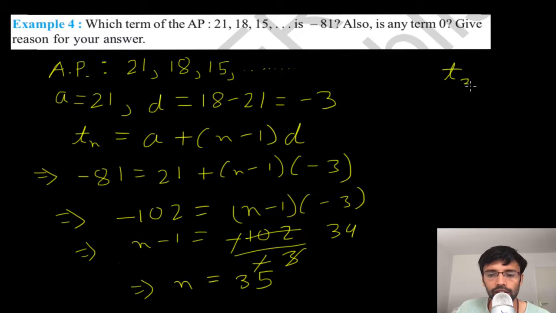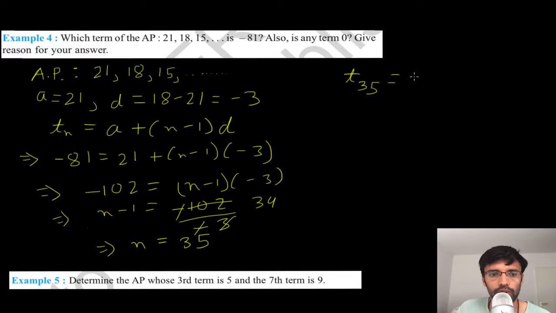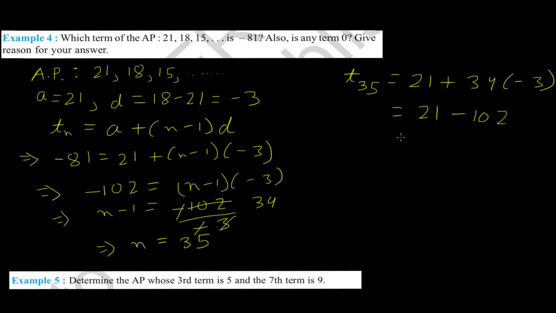T35 is equal to a, that is 21, plus n minus 1, that is 34, times minus 3. This will be equal to 21 minus 102, which is equal to minus 81. So we have our 35th term as minus 81.